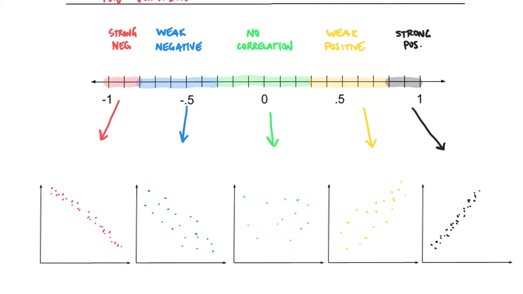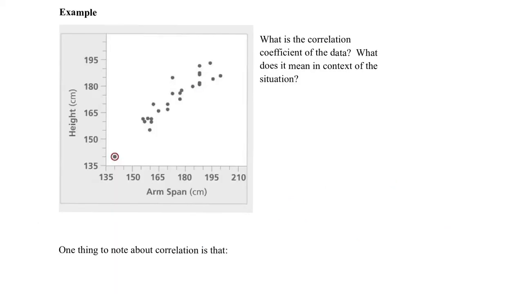So we have this spectrum, from a strong negative all the way to a strong positive. Strong negative, weak negative, no correlation, weak positive, strong positive. And the value of the correlation coefficient will tell you what that is. You can also look at a picture and they should kind of match.